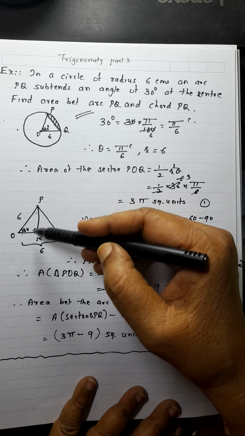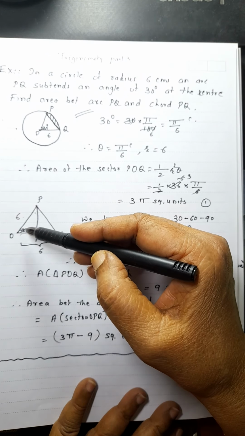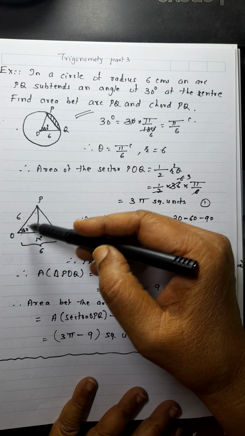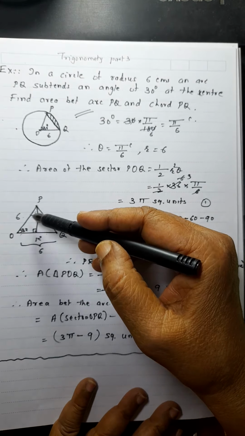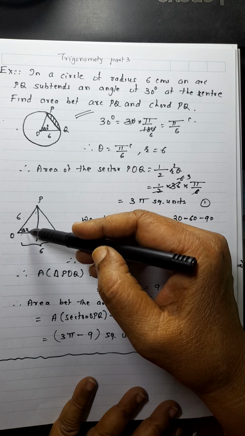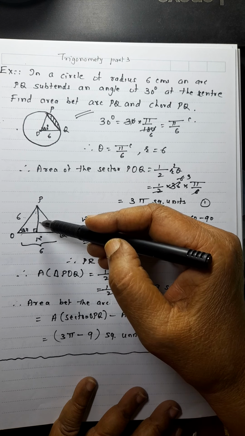When I draw the perpendicular, this becomes 90 and this is 30, so this one will become 60. So in a 30, 60, 90 triangle, which I think you have studied in high school, the side opposite to 30 degrees is half of the hypotenuse.